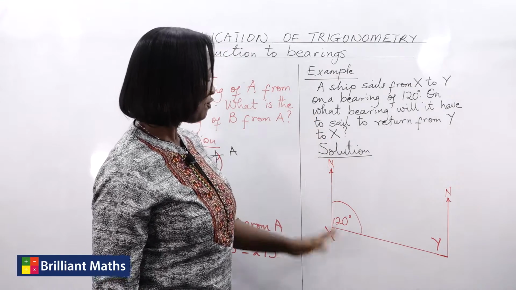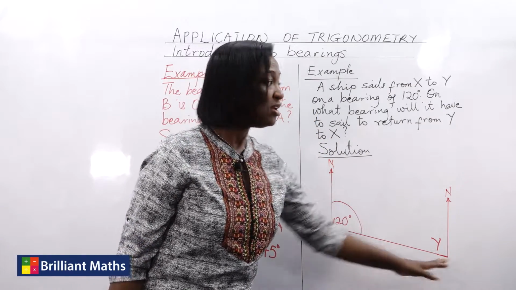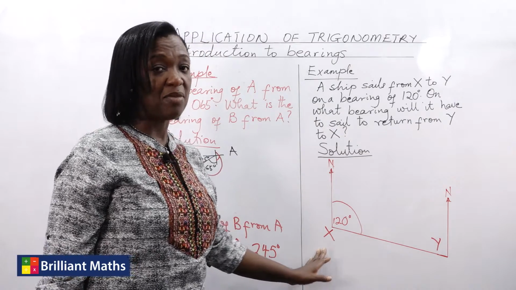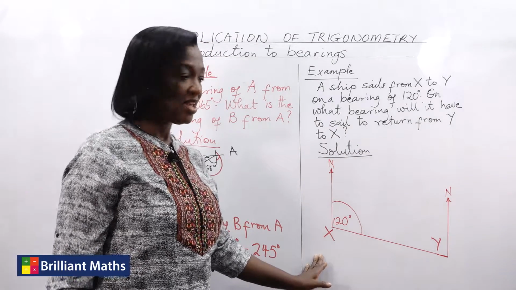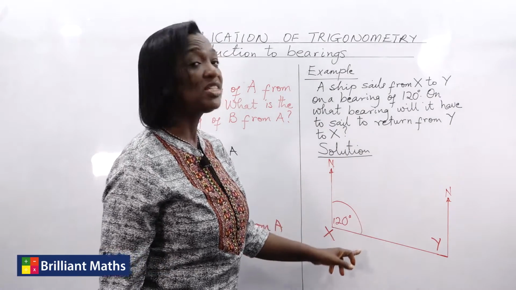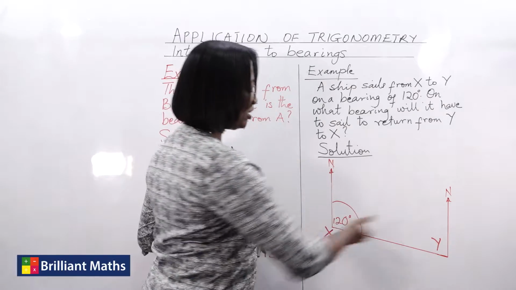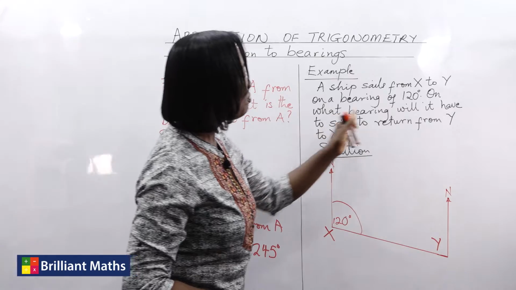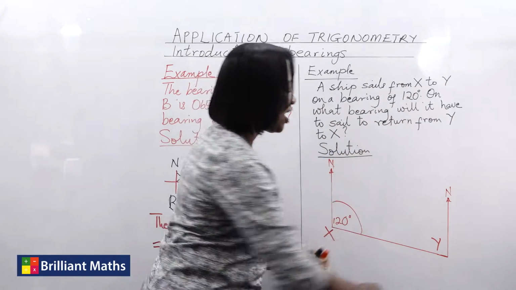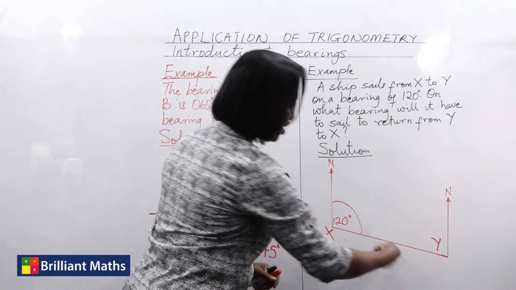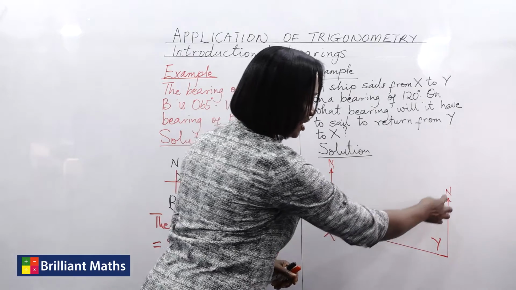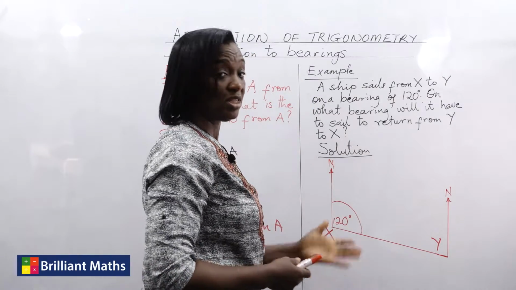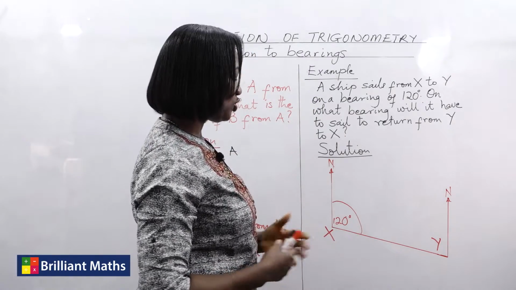It sails from X to Y. Where it's coming from is X, and that is 120 degrees going to Y. What bearing will it have to sail to return from Y to X? And that's the North Pole. So this is very easy. It's either of two ways.